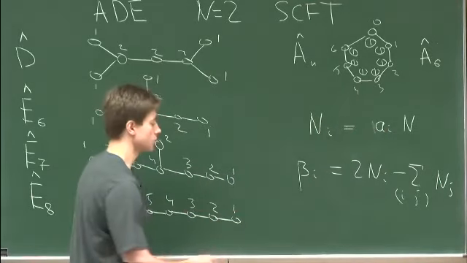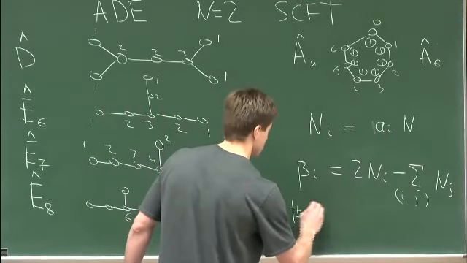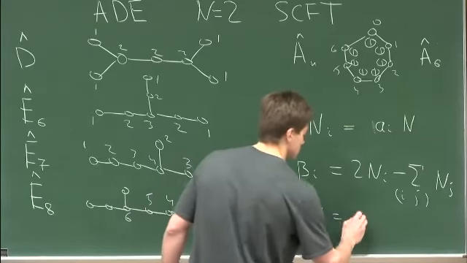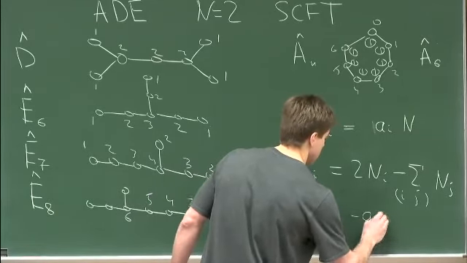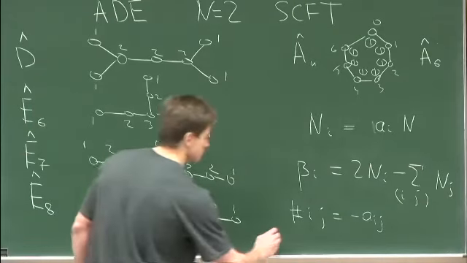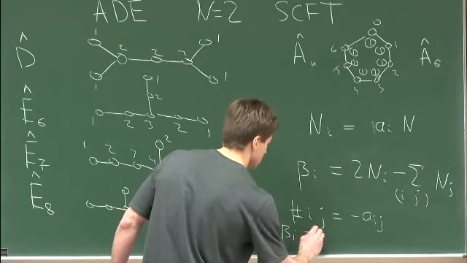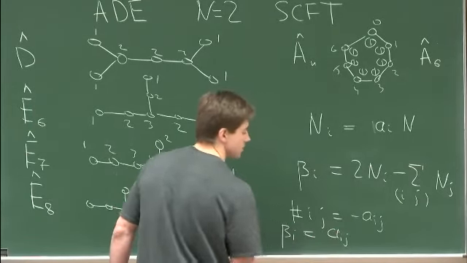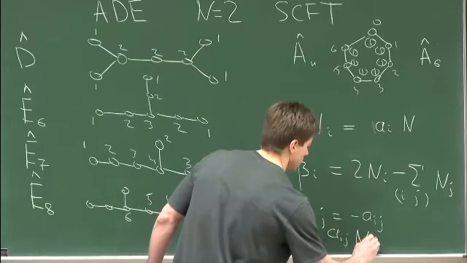If you denote the number of links from the node i to j as minus a_ij, then you see that the beta function is just a contraction of a_ij and N_j.